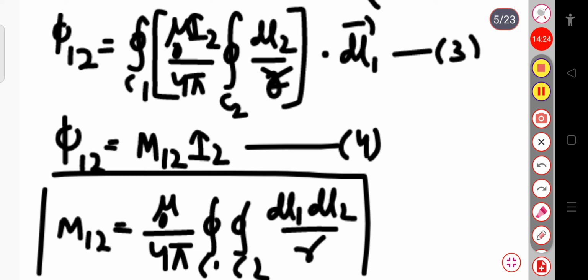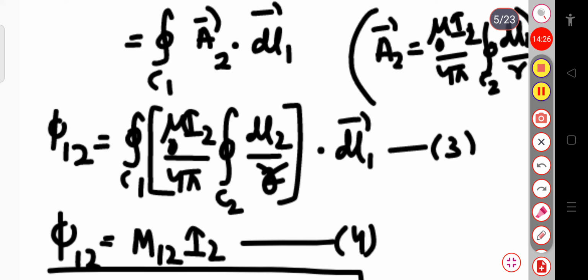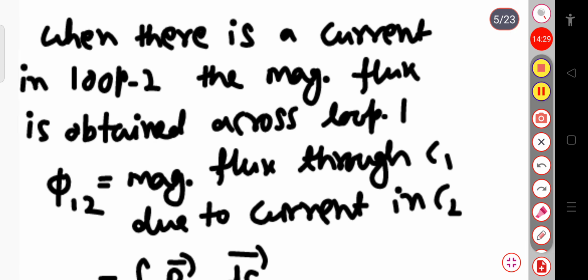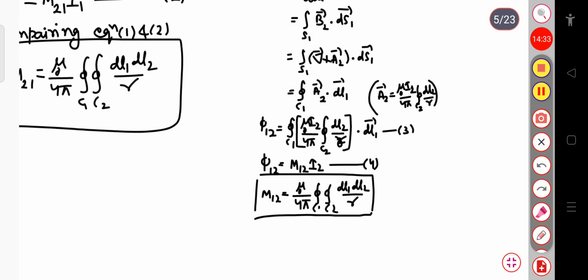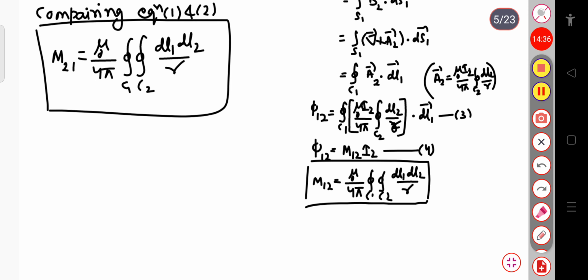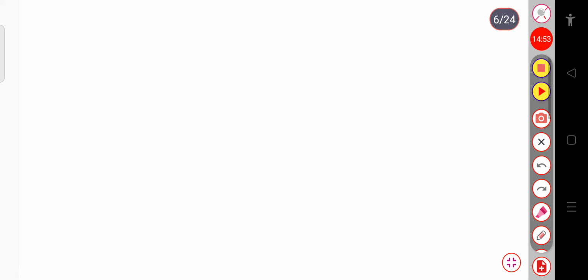Now if you see these equations, the two values for M12 and M21 are the same. M12 will be equal to mu naught by 4 pi integration over C1 and integration over C2 dl1 dl2 divided by r.